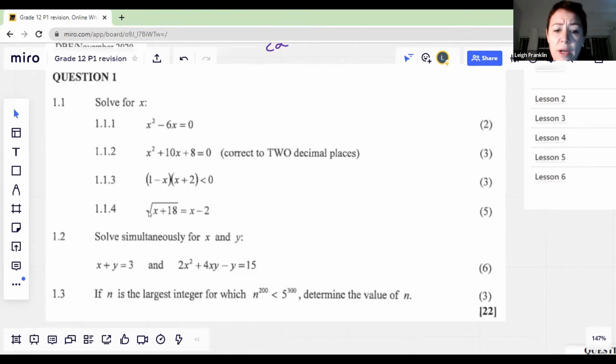114, does everybody know how to do this? Yes, ma'am. Okay. Any other questions? Okay, so we're going to do 113 and 114. It's worth 8 marks. Off you go.